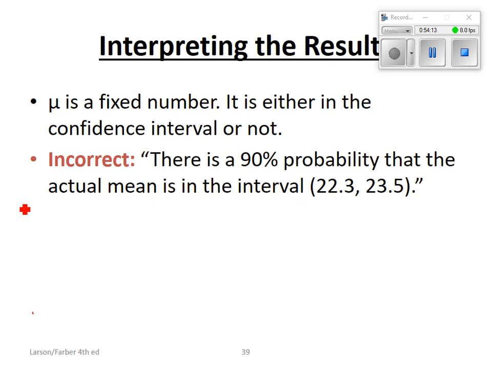That's not what we're saying. You're not saying it's a 90% chance that it falls in here, because that means there's a 10% chance that it falls somewhere else. We're saying that we're 90% confident that the mean is in here, which I know is just wording, but it makes a big difference to the math.